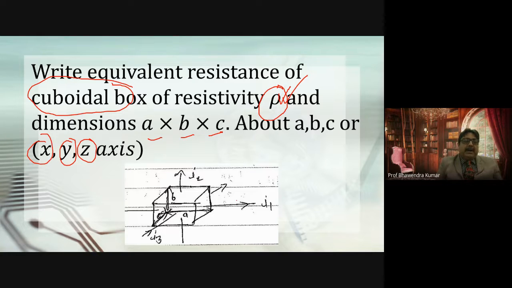Now the current I1 is supposed to pass through the conductor along the x-axis. I2 is supposed to pass through the conductor along the y-axis, and I3 is supposed to pass through the conductor along the z-axis. So can you find the value of R1? That is the resistance along the x-axis.